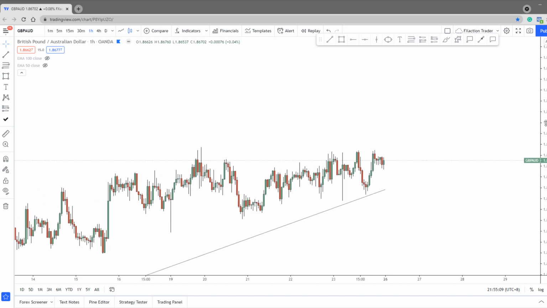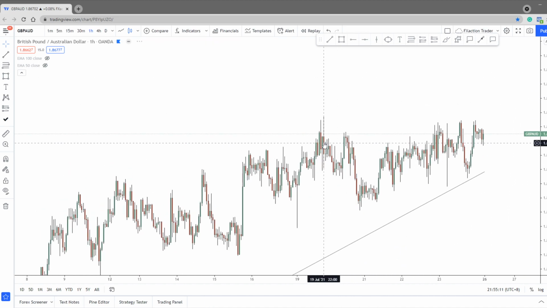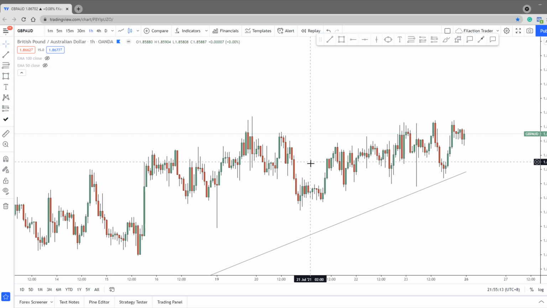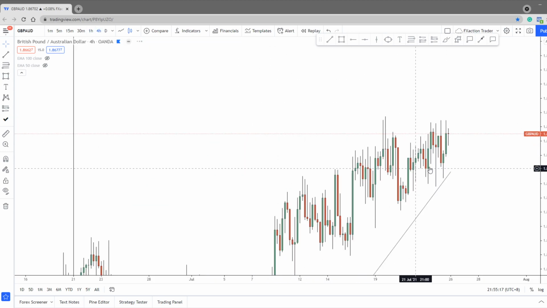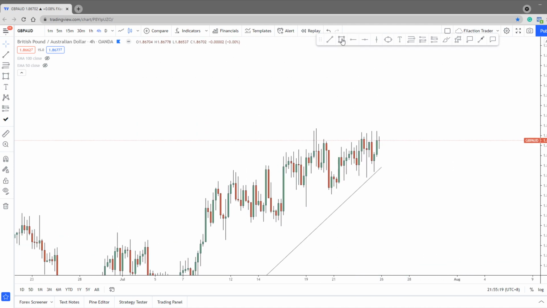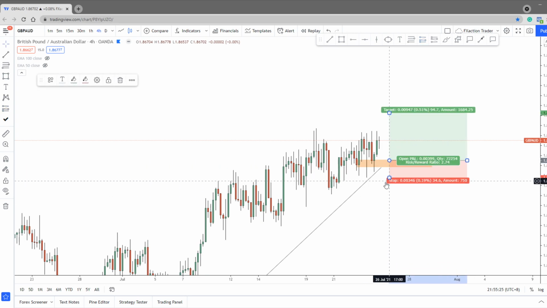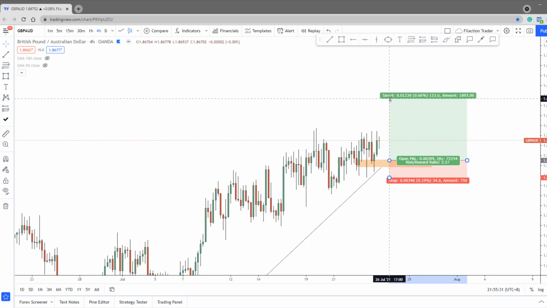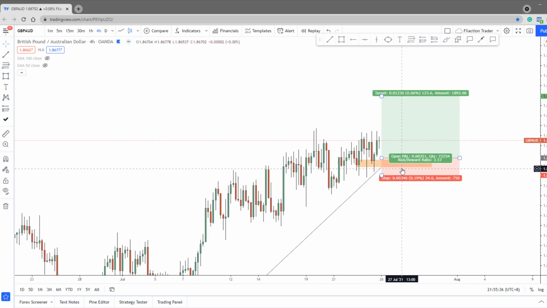On H1, although the trend is not so clear, there is some choppy or ranging condition. But looking at the H4, overall the market is still in a buy trend. That means as long as this support level at 1.85927 is not broken, we are in a good position to buy.